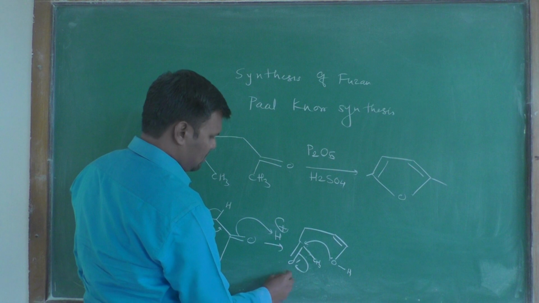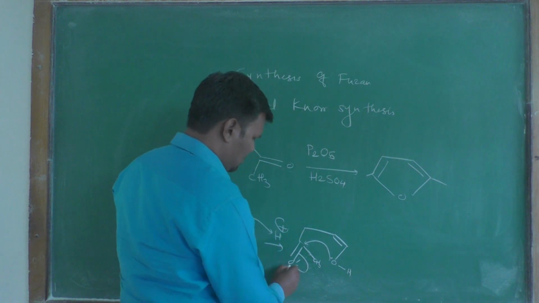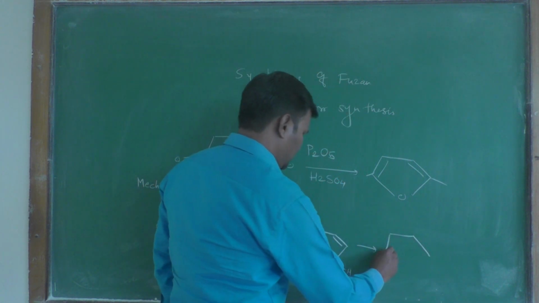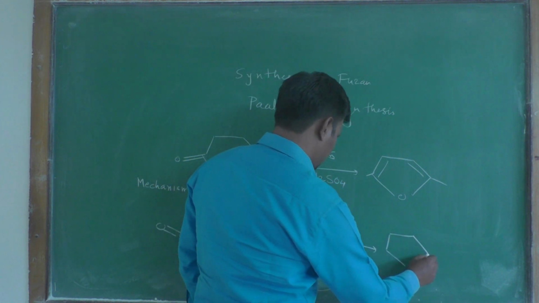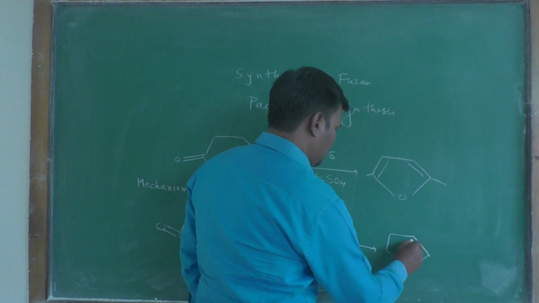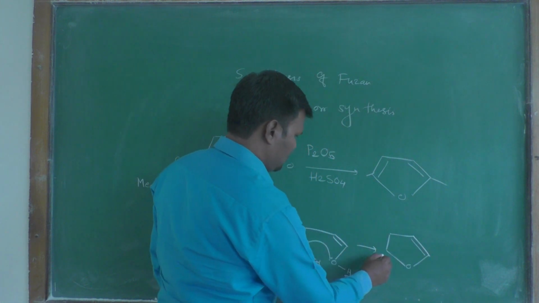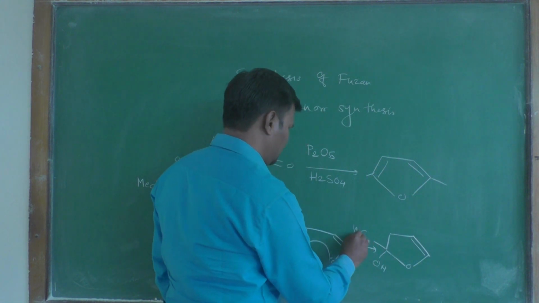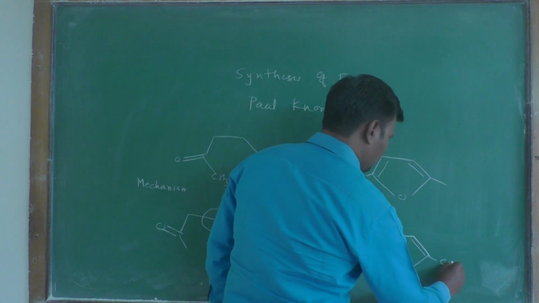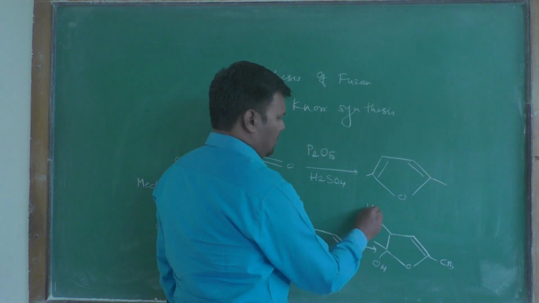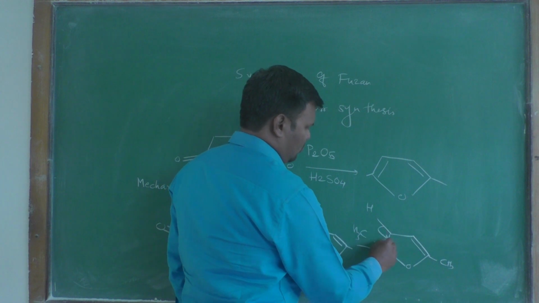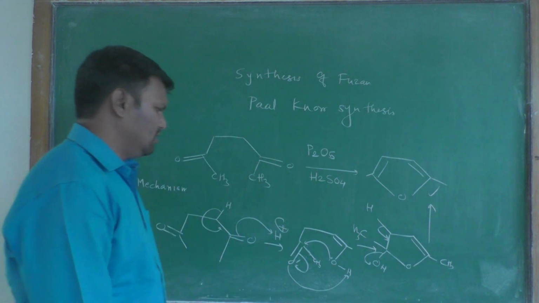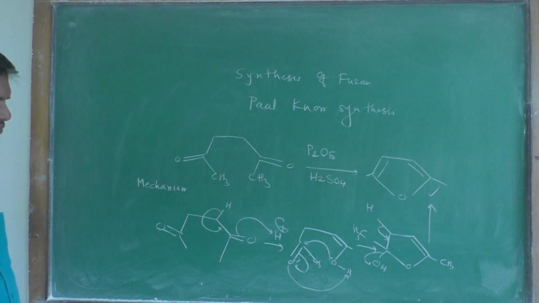It will take that hydrogen and obtain the ring closed. OH is present at the second position. CH3 is there also. There is also CH3. Then H2O will be removed and you will obtain the product. Okay, this is the first method.